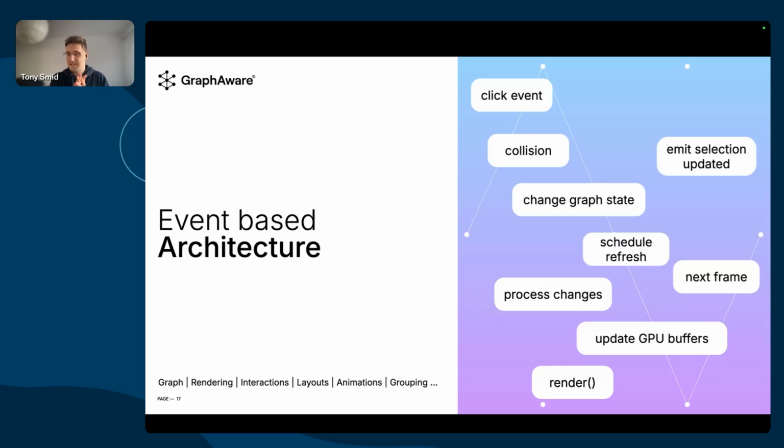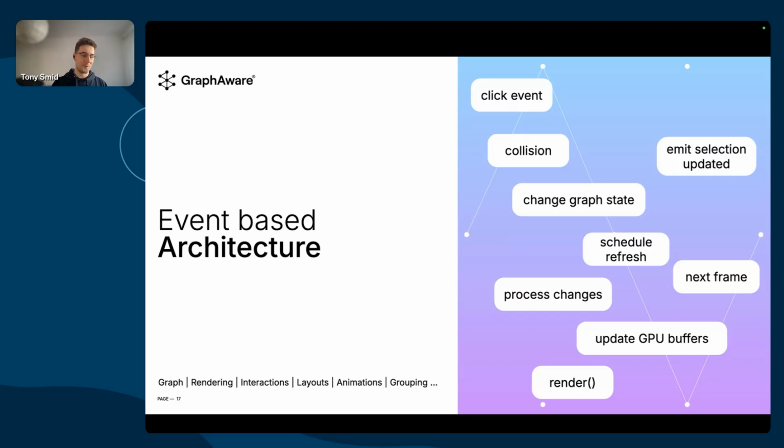is ideal. So, a typical scenario: click event happens, user clicks somewhere. There is a collision. You have to figure out where the user clicked. Something happens. State changes. Your node is selected. Maybe you need to schedule a refresh. Have some refresh reason. Wait for the next frame.